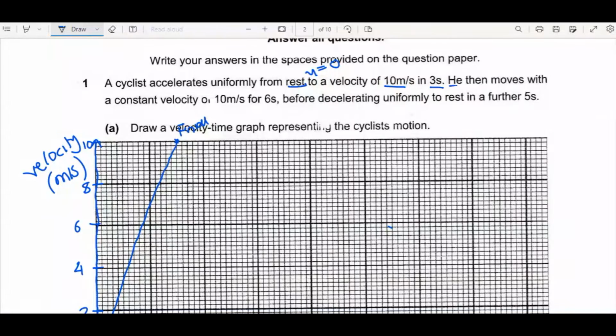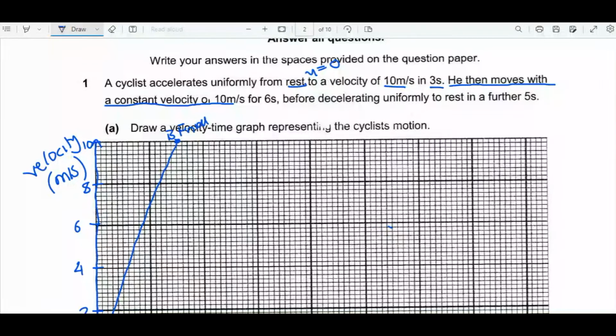We are told he then moves with a constant velocity of 10 meters per second for 6 seconds. From this point here, let's call this point B, up to point C, we need to count 6 seconds, and this line must be parallel to the x-axis.